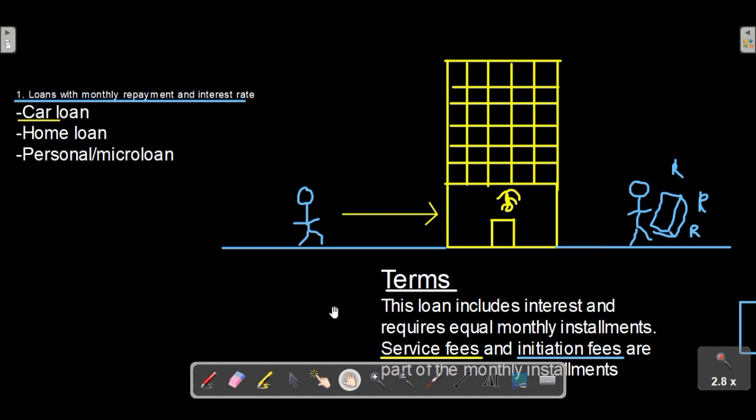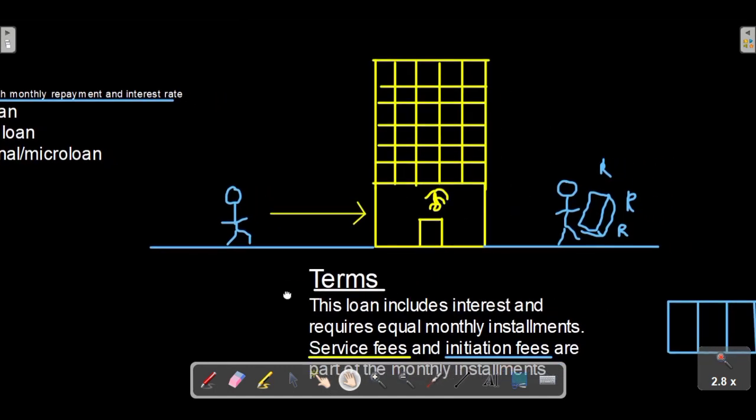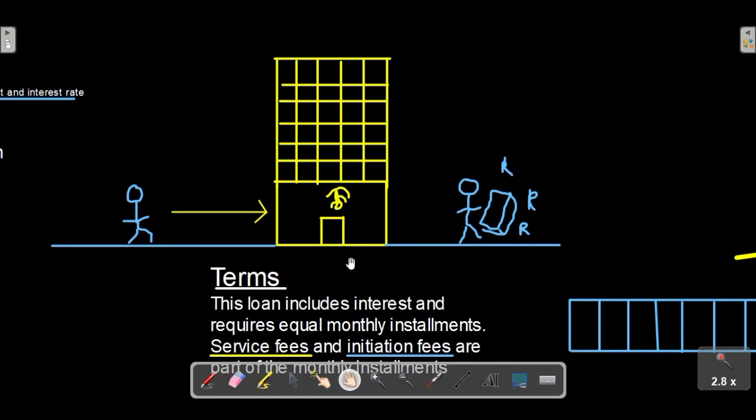So you need to buy a car, but you do not have the hard cash right now, or you do not have enough credit in your bank account to buy it, and so you head to a commercial bank, your Nedbank, your Capitec, and so on, and they offer you a loan.